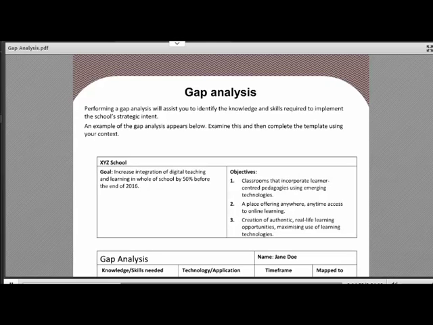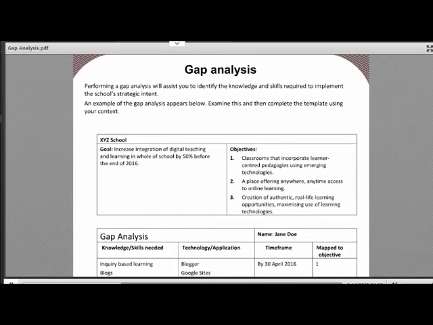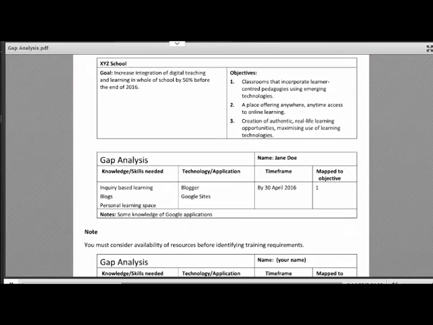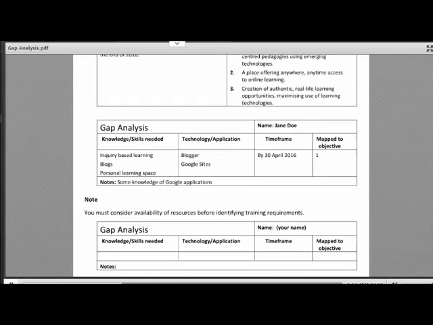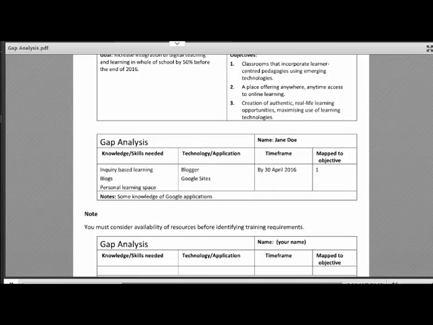So the first part here is just showing them how to use the template, and then in the second part, moving that up a little bit here, we can see that this particular teacher would like to learn about inquiry-based learning, blogs and a personal learning space. They're going to use Blogger and Google Sites. They'd like to know that by the 30th of April this year, and it's mapped to Objective 1.